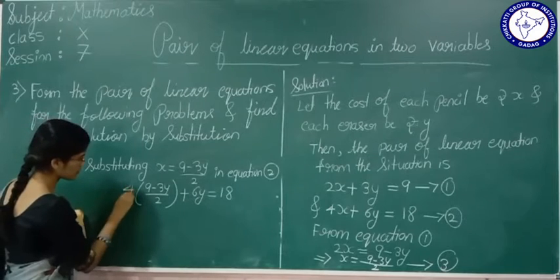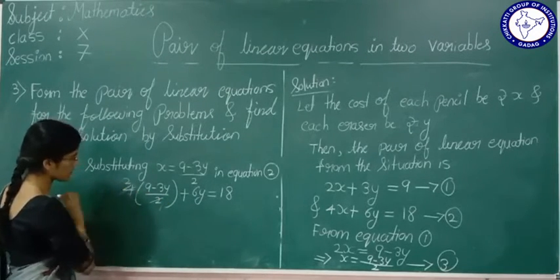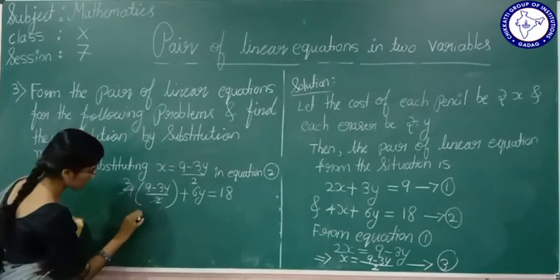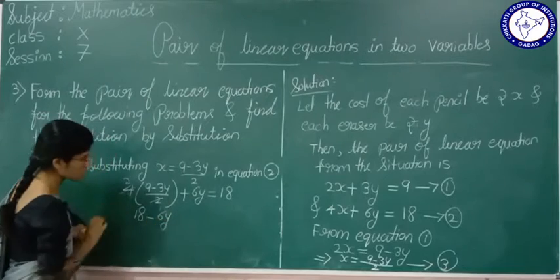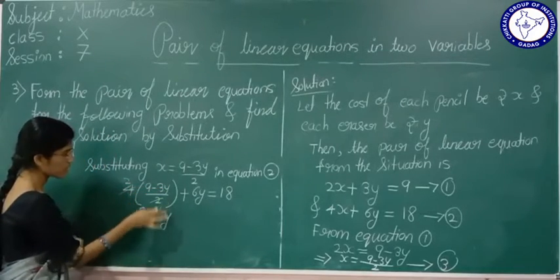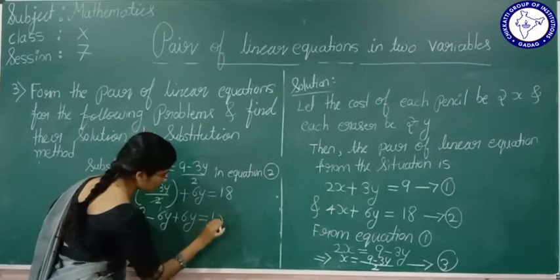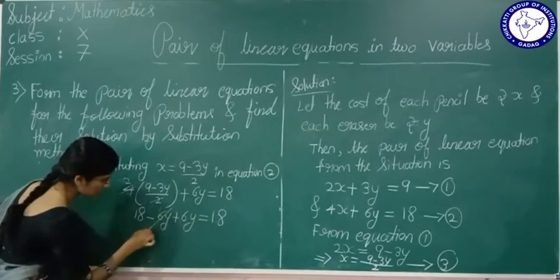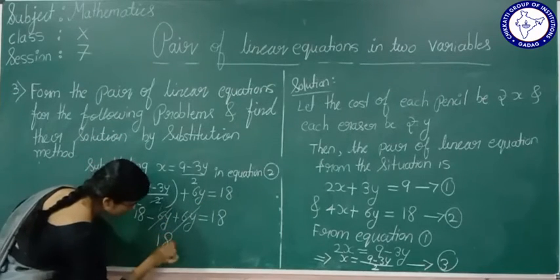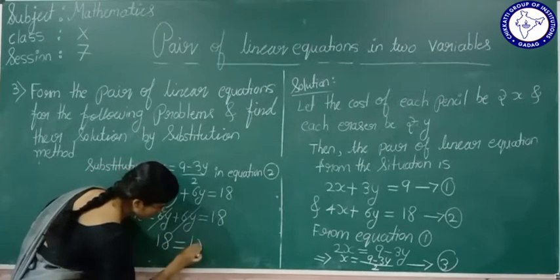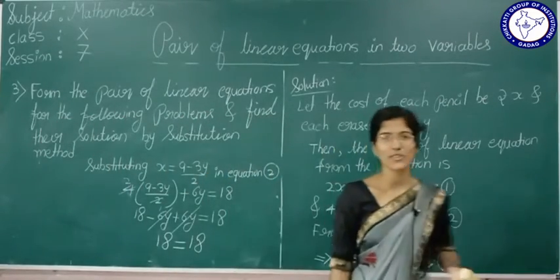Now see, 2 ones are 2, 2 nines are 18, minus 2 threes are 6y, plus 6y is equal to 18. Minus 6y plus 6y will get cancelled. 18 is equal to 18. We are getting here 18 is equal to 18.